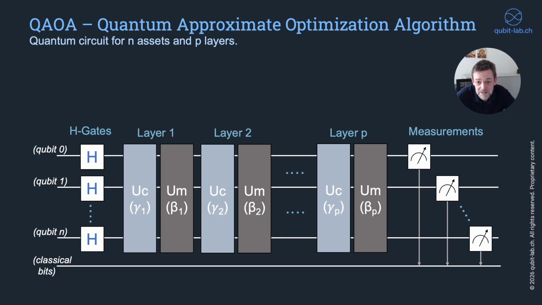So here you see for each layer one UC and one UM. It looks simple, but in reality they are complex circuits, each one with many sublayers and qubit gates. So this is quite a complex circuit. The number of the layers is a hyperparameter to be optimized for the task and underlying hardware and noise level, as mentioned before.